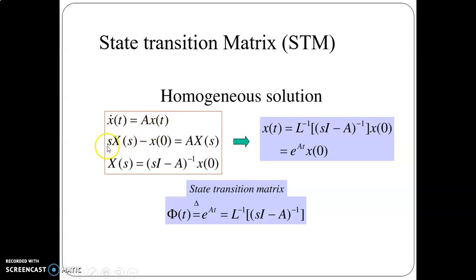When you take the Laplace transform with zero initial condition, you finally get the STM equation: Laplace inverse of (SI minus A) whole inverse into the initial condition x of 0. So the final state transition matrix is phi of t equals e raised to A t, which equals Laplace inverse of (SI minus A) whole inverse.